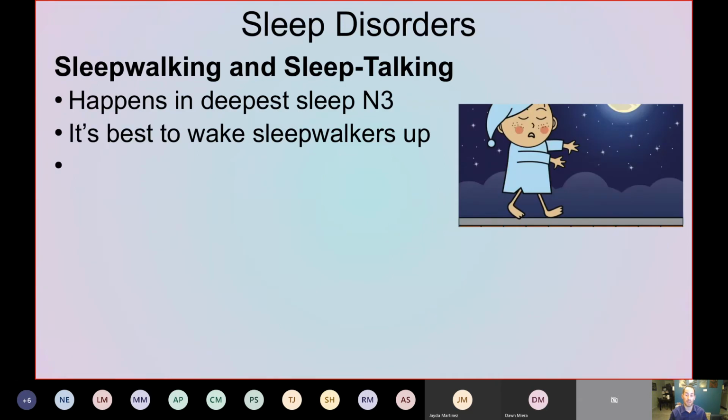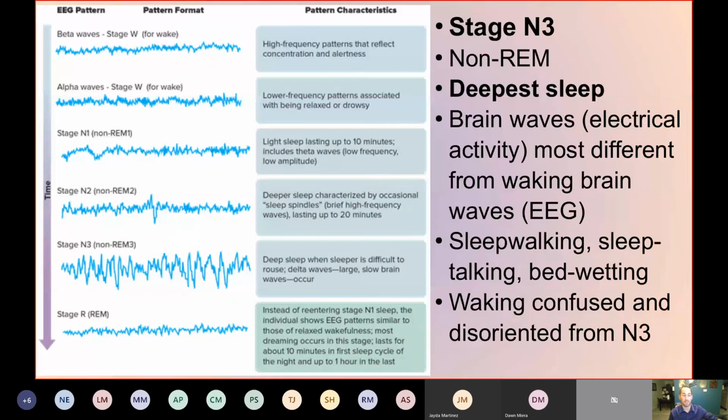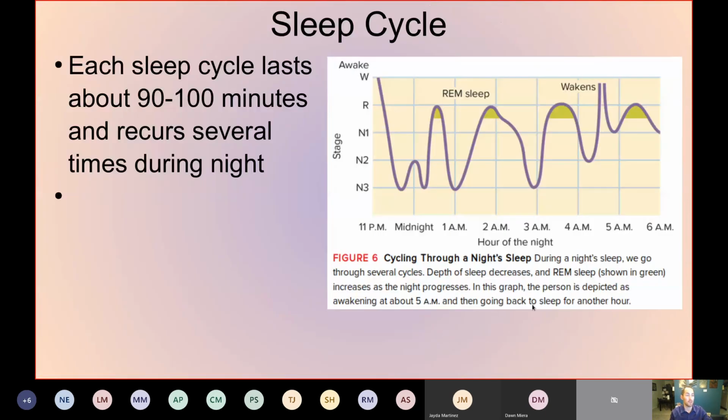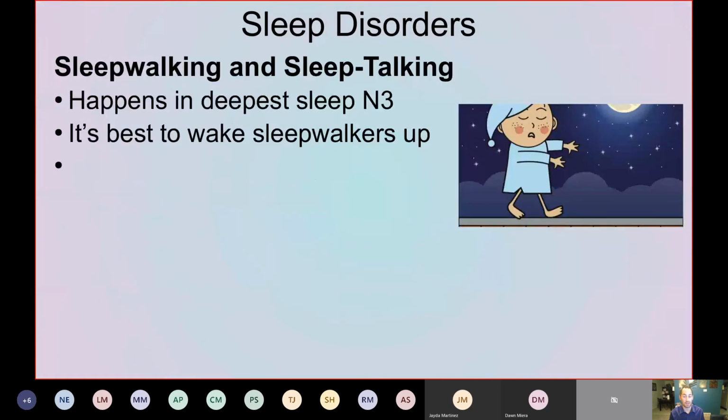Sleepwalking and sleep talking tend to happen during N3 sleep. If you remember N3 sleep, it's the deepest sleep. Our brain waves are very different from waking. You wake up very confused and disoriented. So the person sleepwalking generally doesn't have any idea that they're doing that. They have no conscious awareness of that. Their body is just doing things.